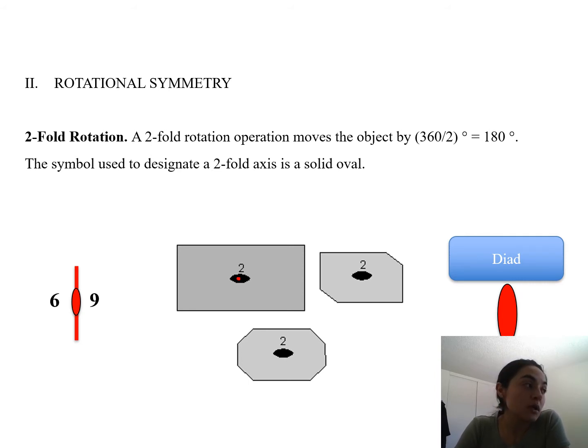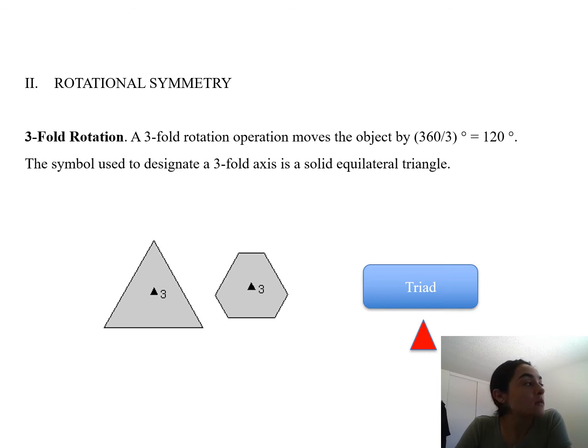We can also rotate 360, which would just get us the same exact image too. But usually the twofold rotational operation moves an object by 180 degrees. And like I said earlier, this type of rotational symmetry, which is twofold, is usually identified by this oval shape.